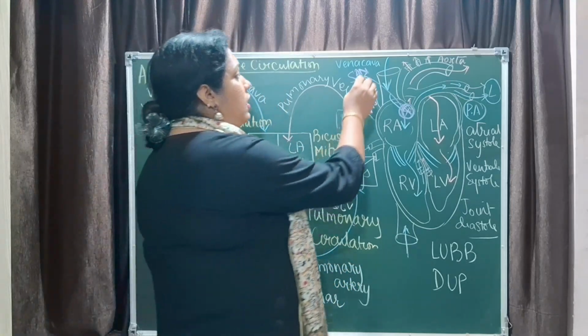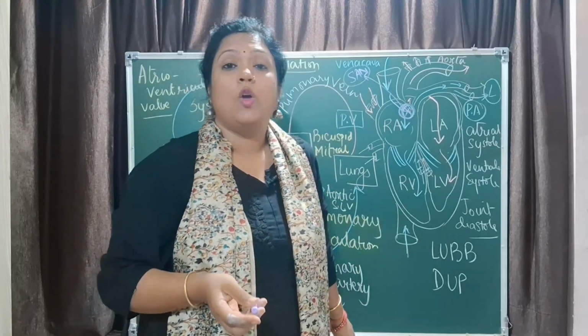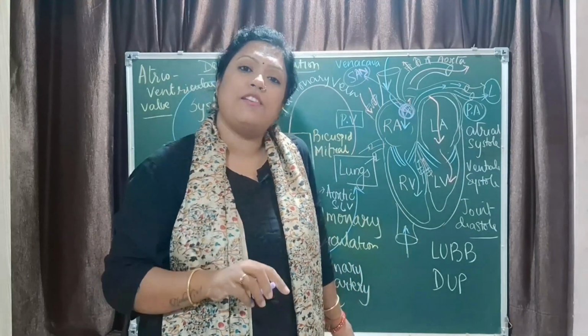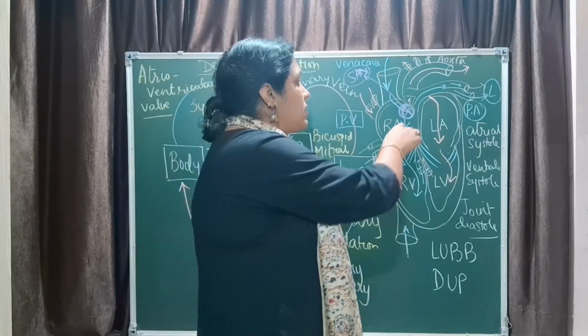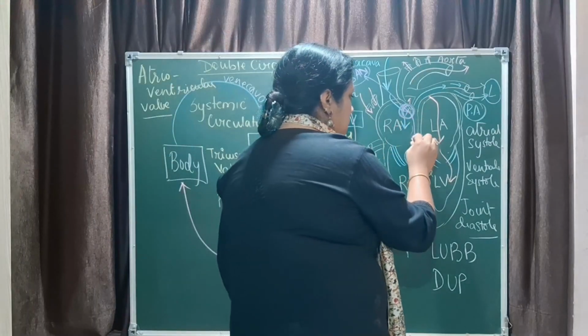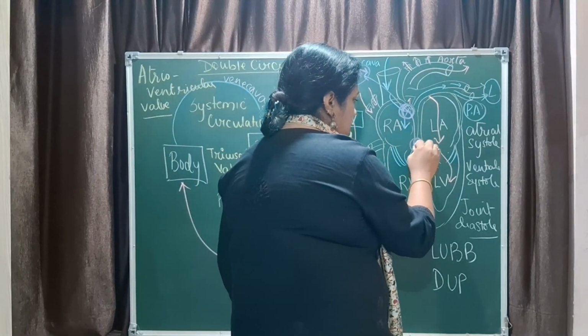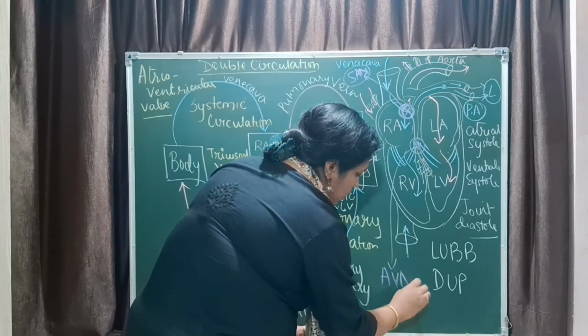So now our heart is basically a myogenic heart, where the muscles of the heart itself produce impulse for the beating of the heart. Once this SAN node produces the impulse, it passes the impulse to the AV node, which is present here. This is called the AVN or AV node.